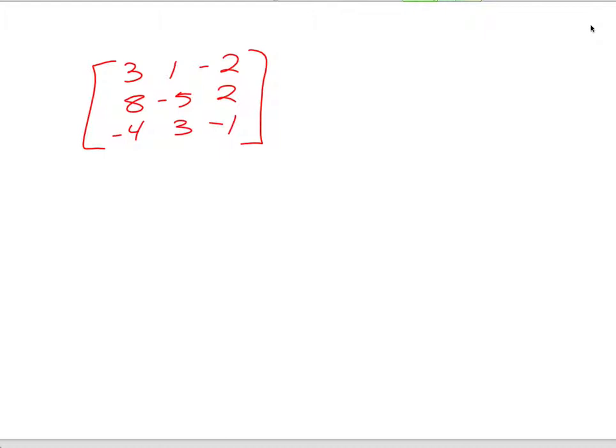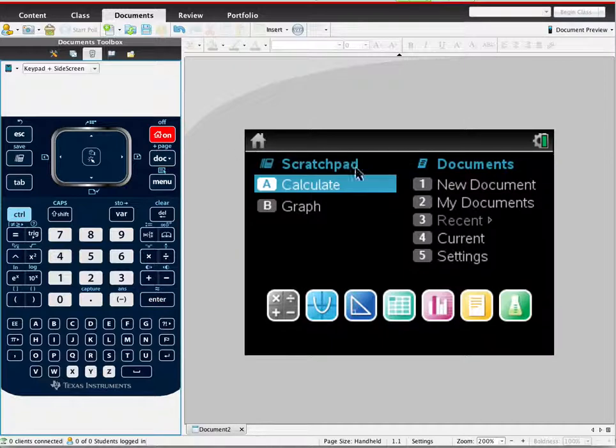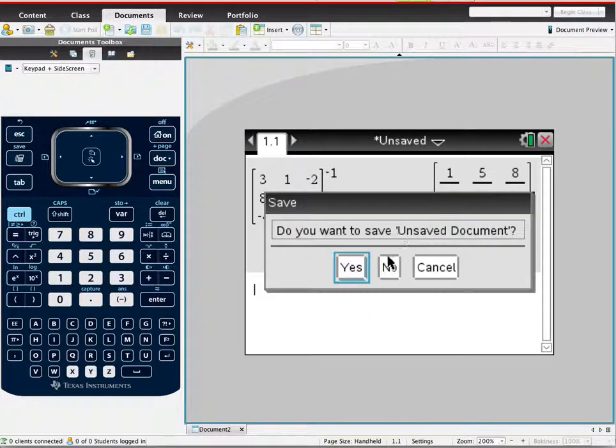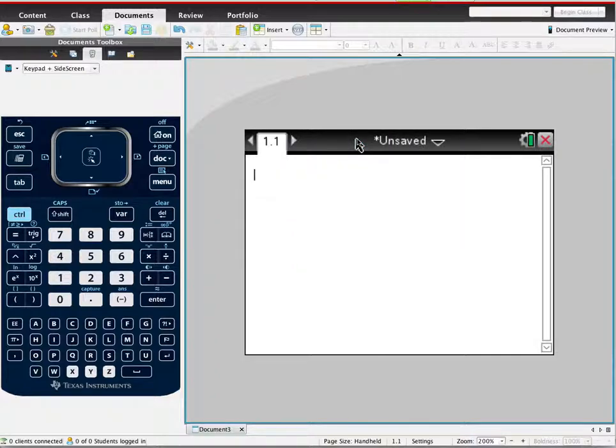So 3, 1, -2, 8, -5, 2, -4, 3, -1. We're going to use our calculator to do everything. The button directly to the right of 9, click that button.